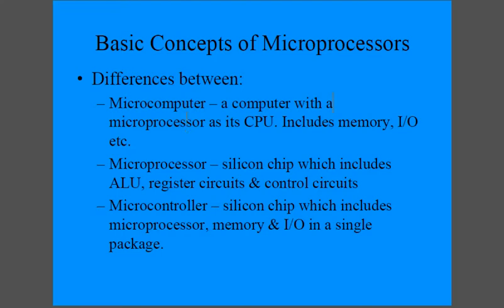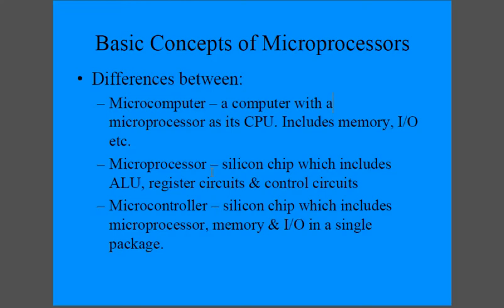Microcomputer is a computer with a microprocessor as its CPU, and it includes the memory, I/O, and so on. That means microcomputer is like a complete build of a computer where it has a separate microprocessor which acts as its CPU, and they already connect it to the memory and also I/O. That is what we call microcomputer.